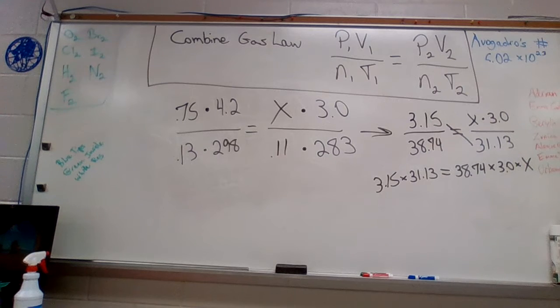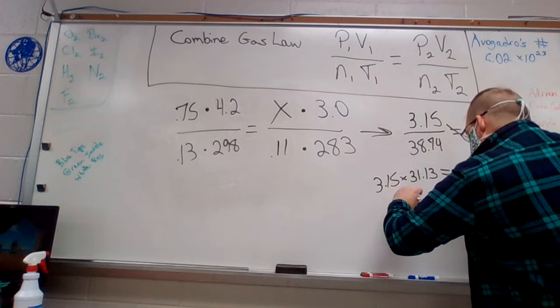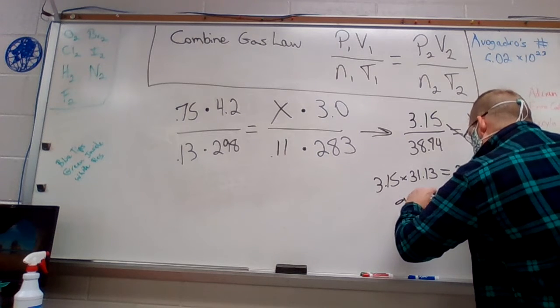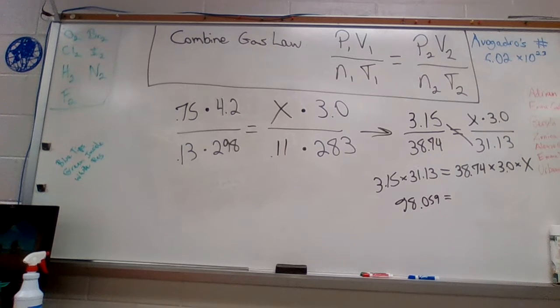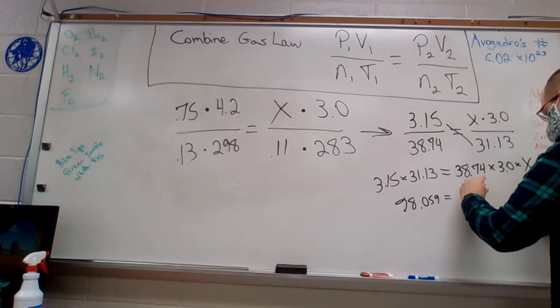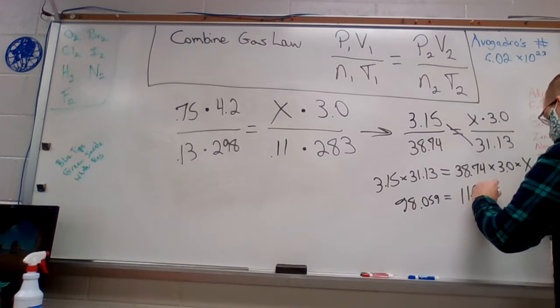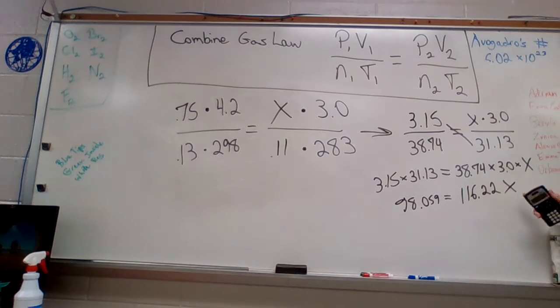Let me multiply everything together. So 3.15 times 31.13 is 98.059 is equal to 38.74 times 3.0 is 116.22 X. I got to keep the X in there.